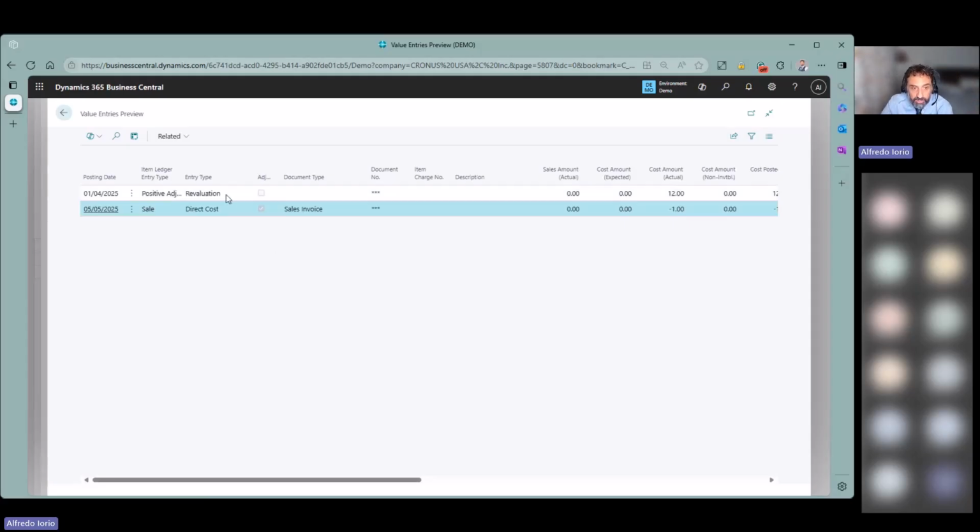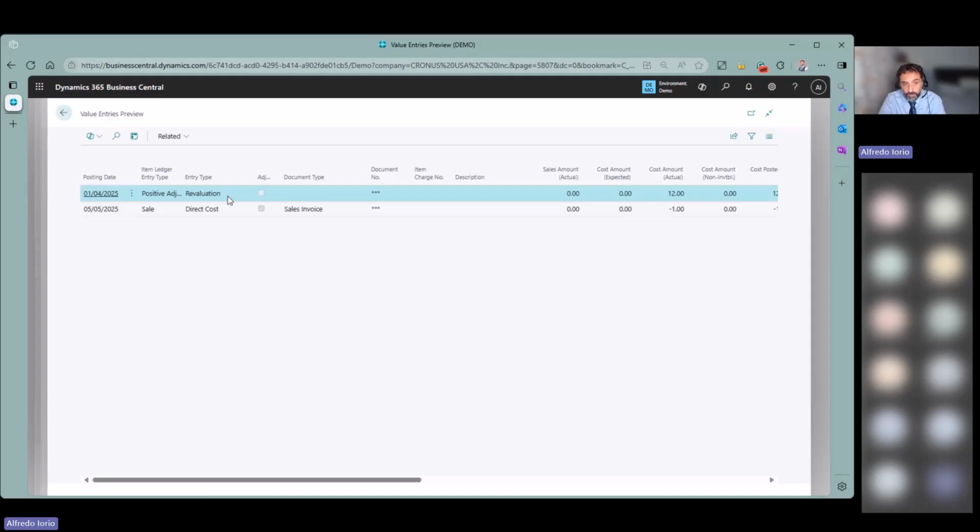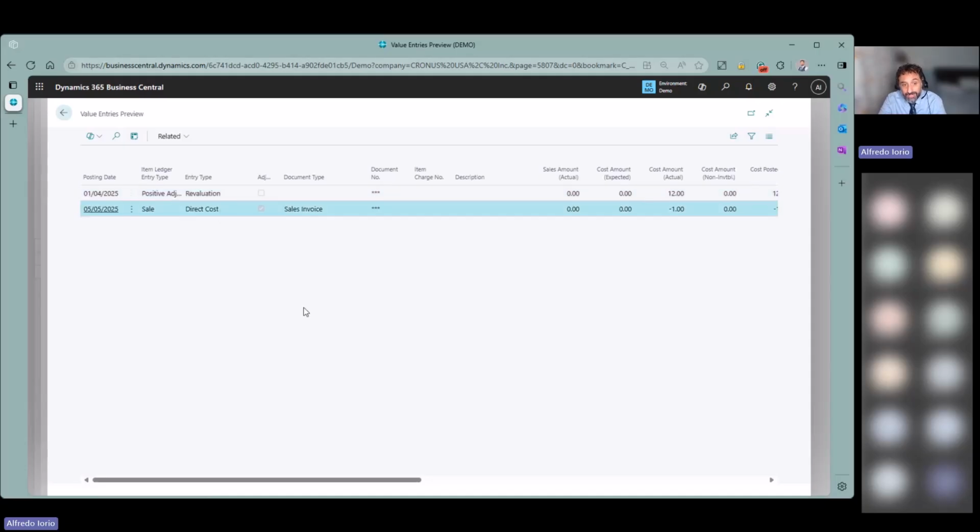I have a positive revaluation, a positive adjustment. This time it's $12, right? $1, 12 units. But I also have another direct cost marked as an adjustment because Business Central has adjusted the cost of sales of what I shipped.